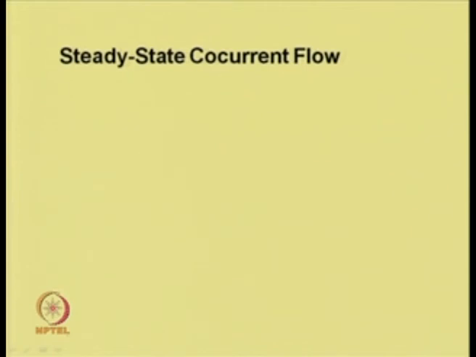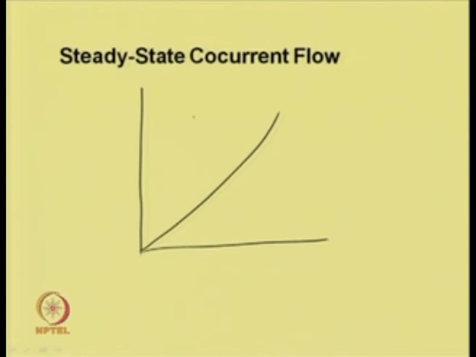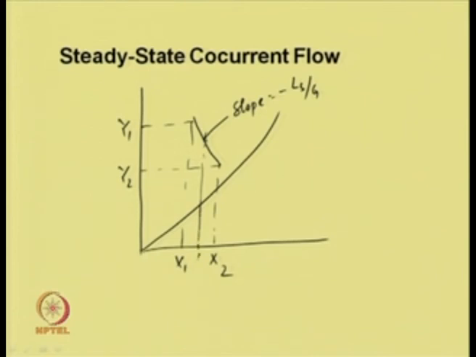And if we plot, this is the line and this is the slope minus L s by G s, and this is x 2, this is y 2, this is y 1, and this is x 1, and in between, suppose this is x and this is y.